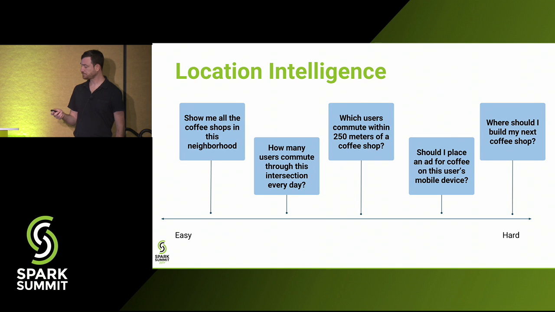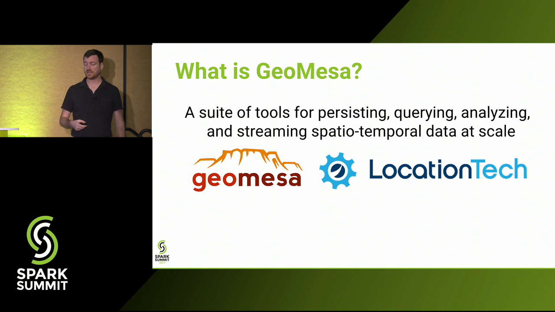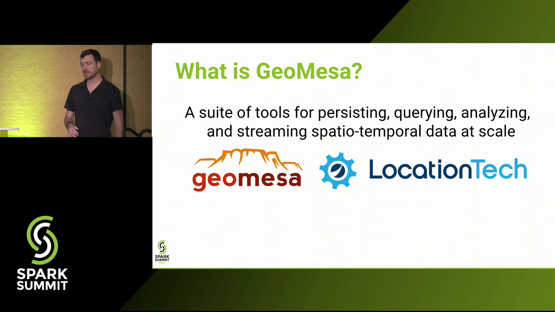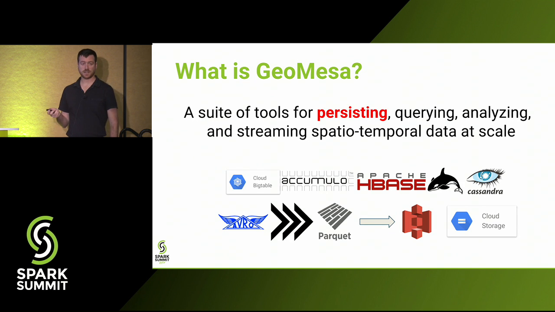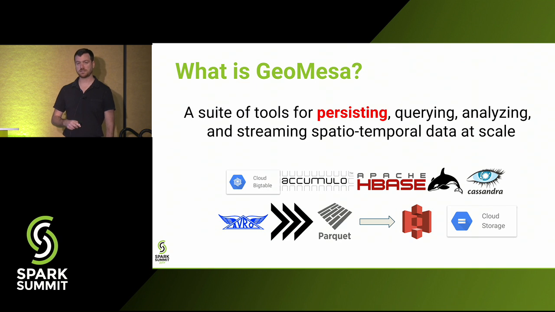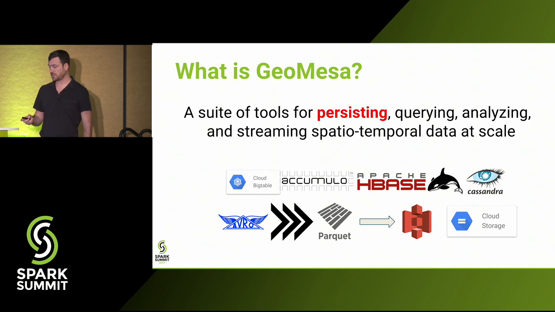So GeoMesa is a suite of tools for persisting, querying, analyzing, and streaming spatio-temporal data. It's an open source project, open sourced under the Eclipse Foundation's LocationTech Working Group. It's got a lot of different support for persisting and analyzing data in Google Cloud Bigtable and its open source clones, Apache Accumulo and Apache HBase, as well as Cassandra.